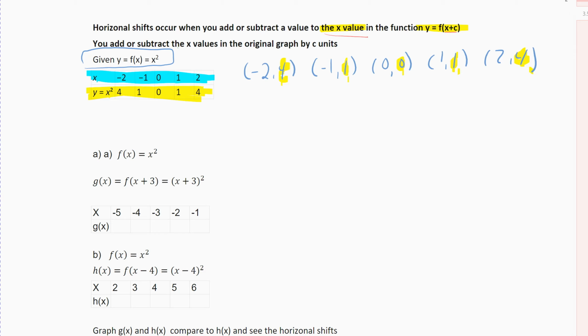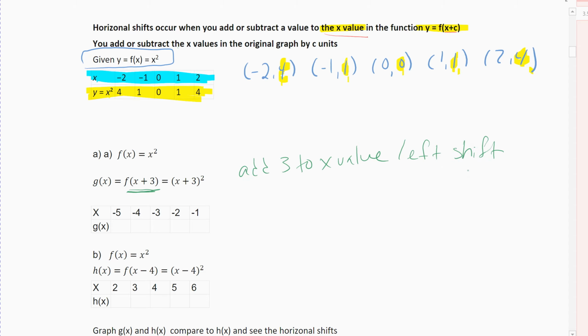And so in the first graph, my g of x is where we're adding 3 to the x value. And so when we add 3 to the x value, so when we're inside and we're adding, well, we have to overcome that additional 3 for the x value to get to the same y value point. And so in this case, it's going to be a left shift by 3 units.